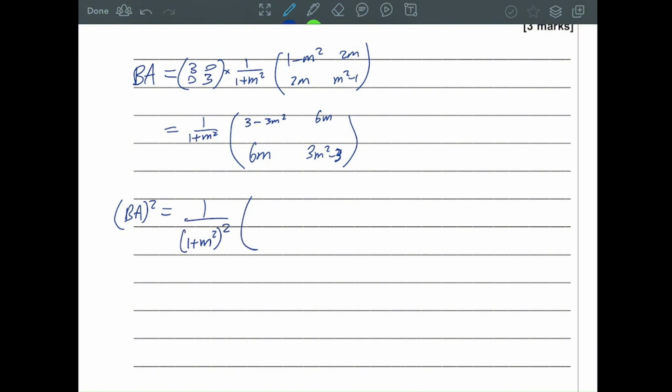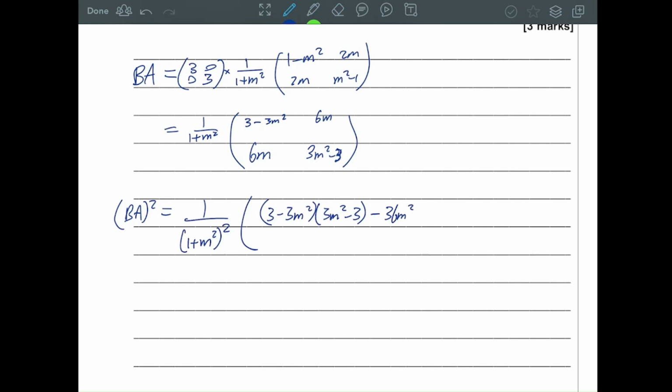And then I need to multiply this matrix by itself, which is going to be quite unpleasant, but we'll give it a go. We're going to get 3 minus 3m squared. This paper feels like it does have quite a lot of these fairly tedious expansions going on, tedious algebra going on. So that'll be my first component.